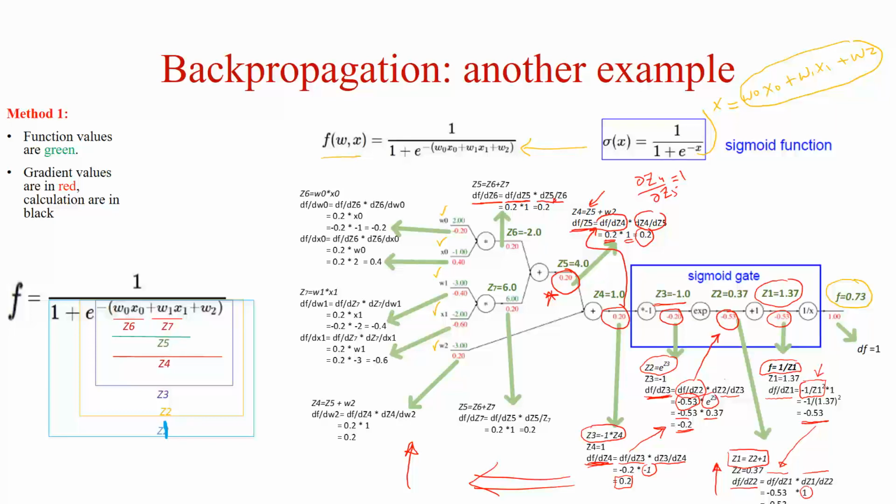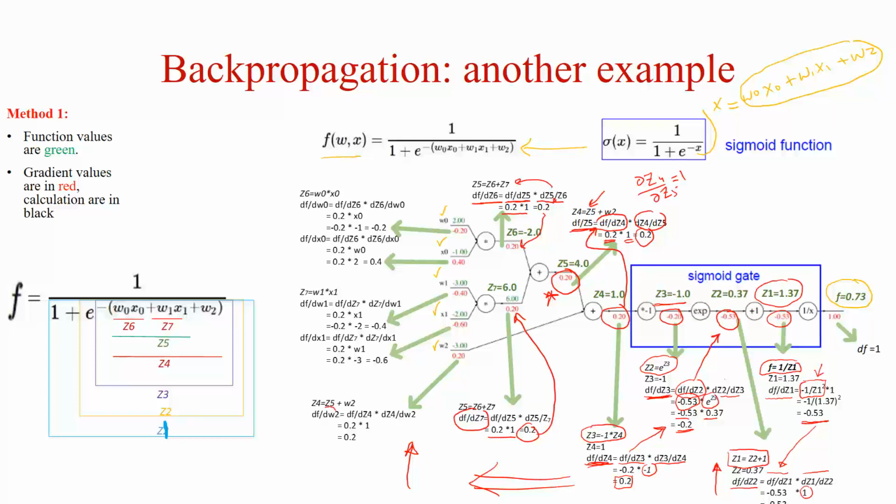This I can compute from the equation. It turned out to be 1, so I multiply 0.2 times 1, I get 0.2, which is right here. Similarly, I can compute delta f over delta z, and this is equal to 0.2 times 1, and this is the value right here.